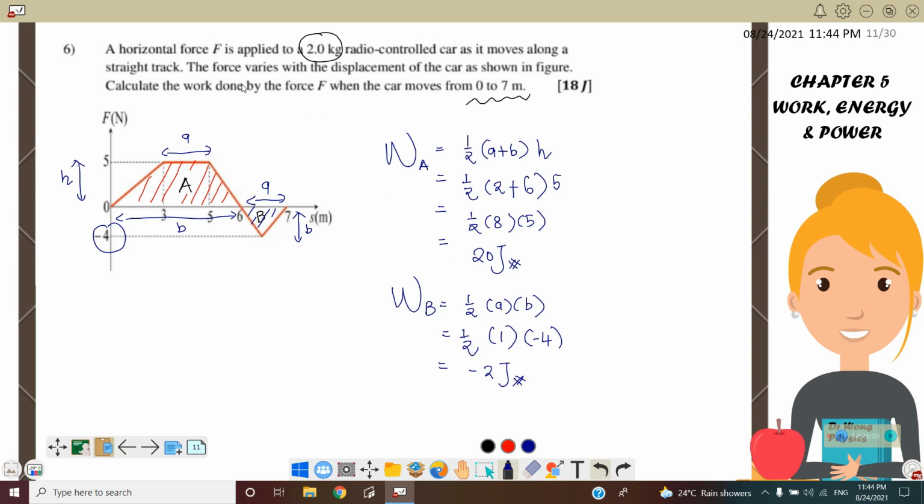But the question asks us to find the total work done from 0 to 7 meter. So the total work done equals work done A plus work done B, so 20 plus negative 2. Finally you will get positive 18 joule.